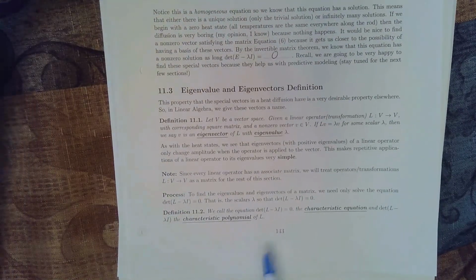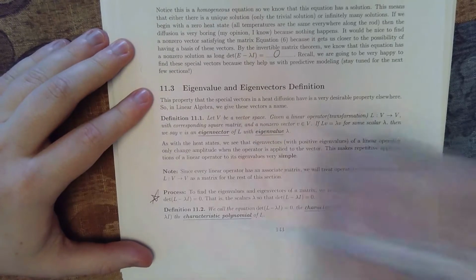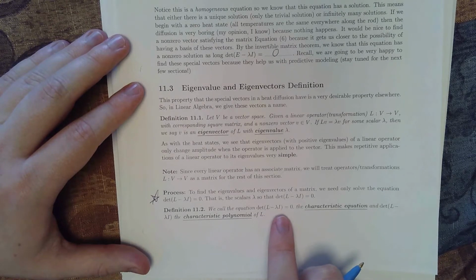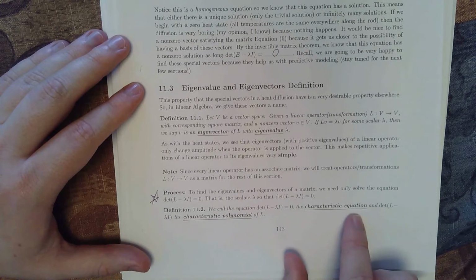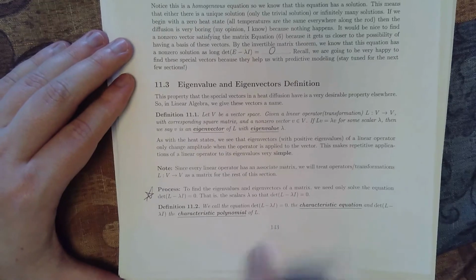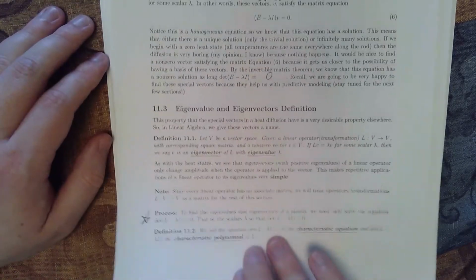And then once we have those scalars, we should be able to use them to figure out what the eigenvectors are. Just a little bit of definition time. So this is our main process. We're going to call the equation determinant of L minus lambda I equals 0 the characteristic equation, and the left side, the determinant of L minus lambda I, is going to be the characteristic polynomial of the matrix L.